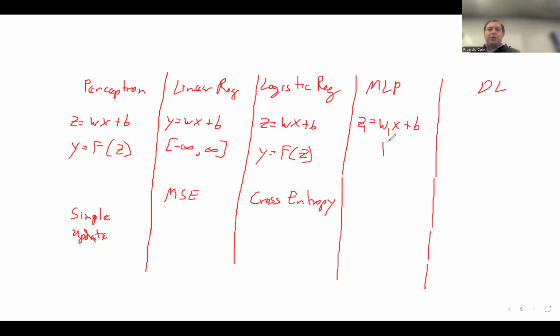That goes into a function, ReLU, etc., on Z1 to produce H1, a hidden layer, if you remember. And then that hidden layer goes into W2 times H1 plus B2 to produce Z2, and then that Z2 goes into another function to produce the final y.